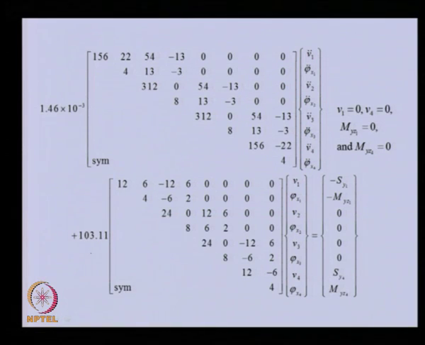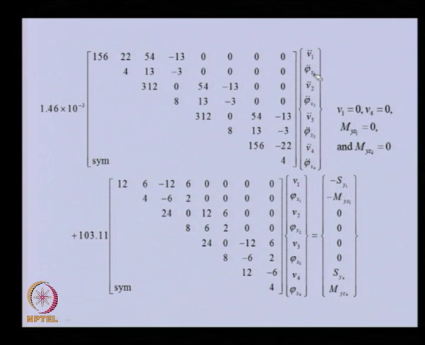Assembly we already discussed in detail for torsional vibration, and it is the same here, so I am not giving more detail of the procedure. But you can see that this vector now contains all the degrees of freedom.